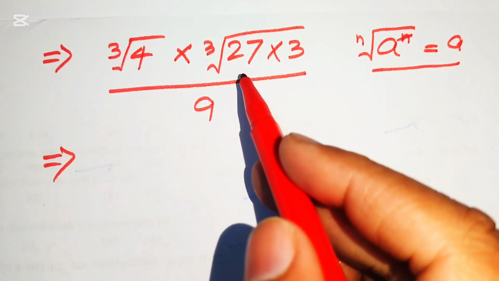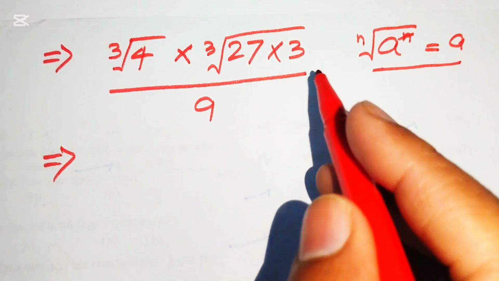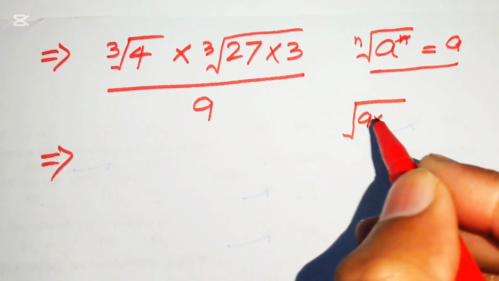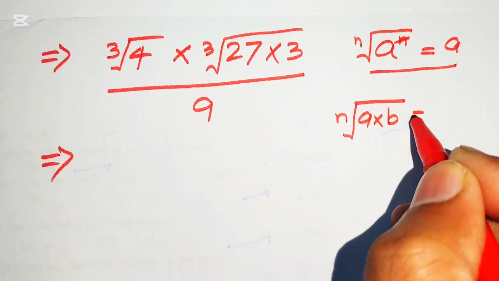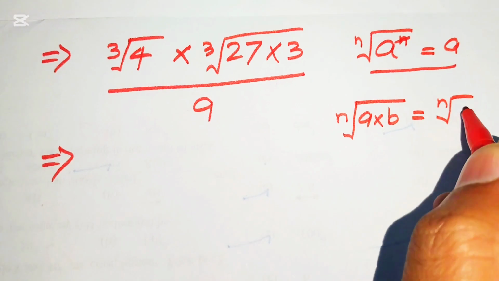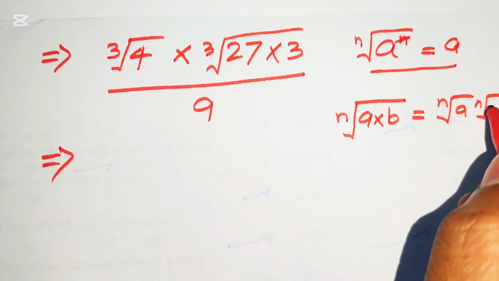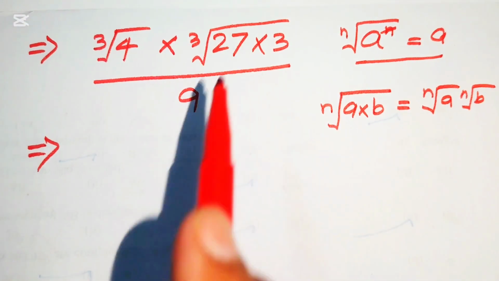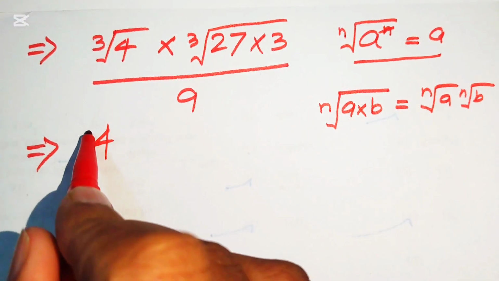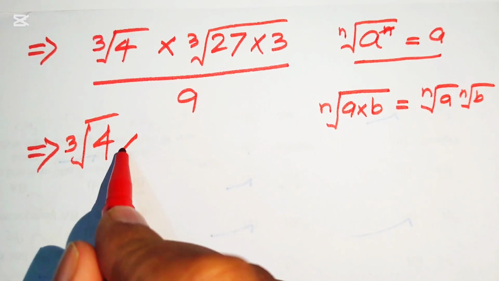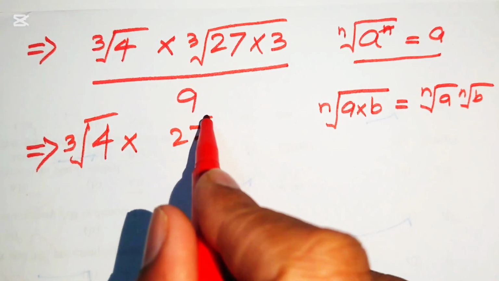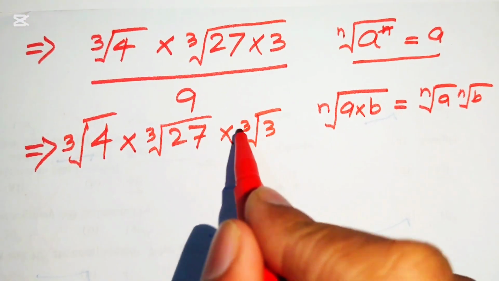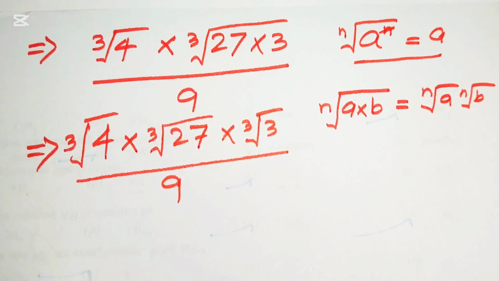If you focus on this 27, here we apply another radical law. If you have the nth root of a multiplied by b, we write it as the nth root of a times the nth root of b. According to this law, we separate this cube root on both of these terms, and it will be written as the cube root of 4 multiplied by the cube root of 27 multiplied by the cube root of 3, divided by 9.